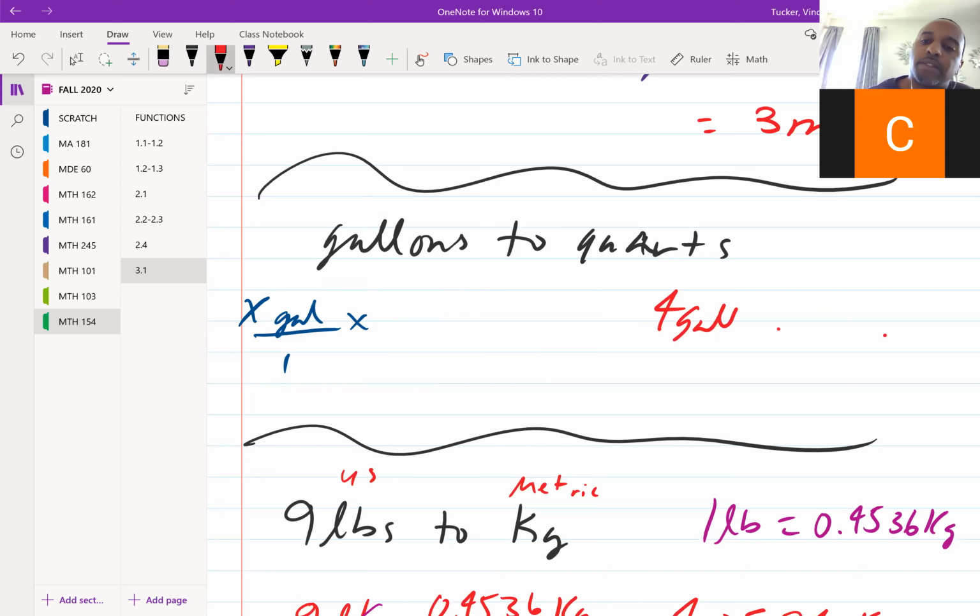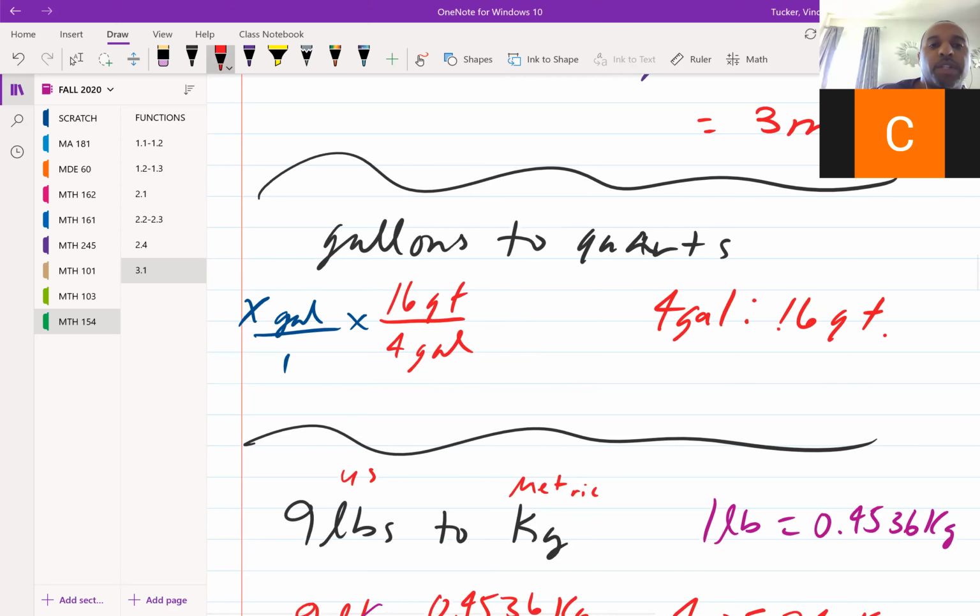So 4 gallons to 16 quarts. It doesn't matter what gallons, but if I want to start off with gallons, then when I use this conversion factor, gallons will be down bottom and 16 quarts will be on top.